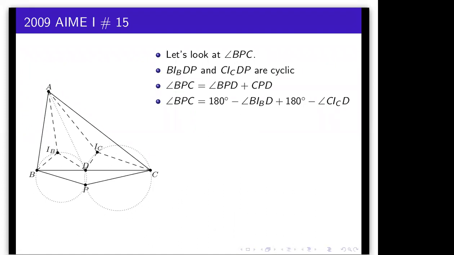From this, does anyone have any ideas for how to evaluate these two angles now? I think the key thing to remember here is I sub B is the incenter of ABD, and I sub C is the incenter of ACD.